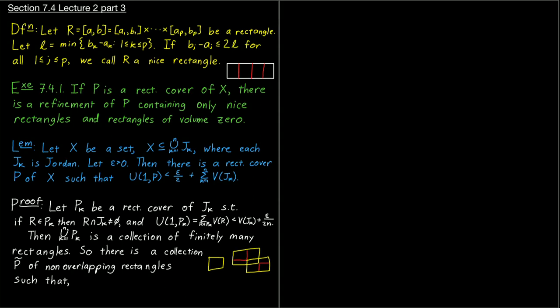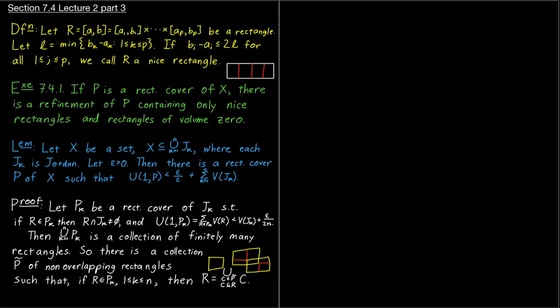I'm using P1 for the cover of J1, such that if R is in one of the PKs, then what is true? Then R is the union of all the rectangles, I'll call them C, in P-twiddle. All the rectangles in P-twiddle that are contained in R.